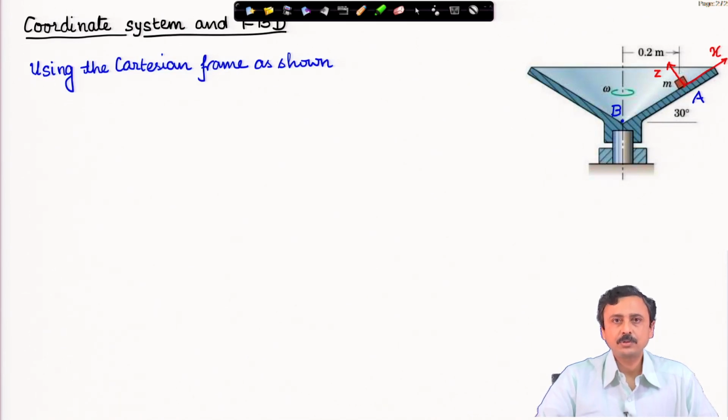First step is to set up the coordinate system, and you notice the way I have set it: I have taken x axis along the plane upwards, z axis perpendicular to the plane upwards, and y axis therefore must be into the plane, perpendicular to the plane of the screen.